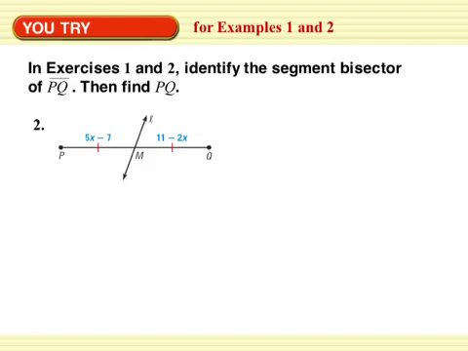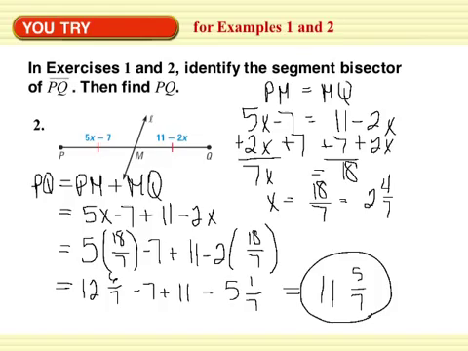Okay, number 2, find PQ. Push pause. Whoa, gotta love the fractions in that one. Just so you know my flow, I started here, then I went up here. First I said that PQ equals PM plus MQ. Then we know that PM is congruent to MQ, so I set them equal to each other and plugged in the equations.